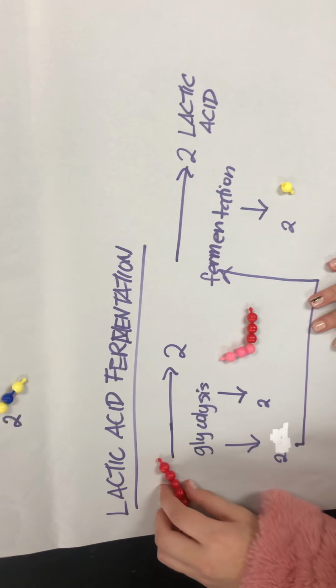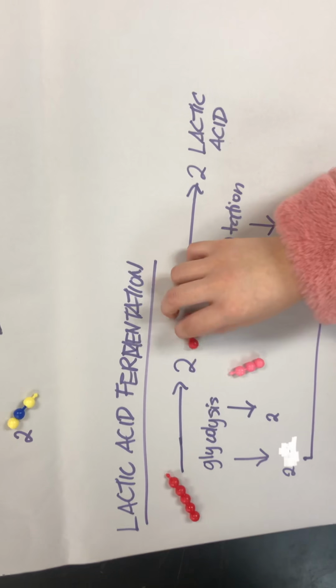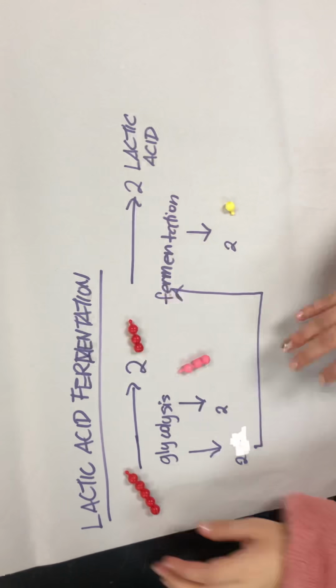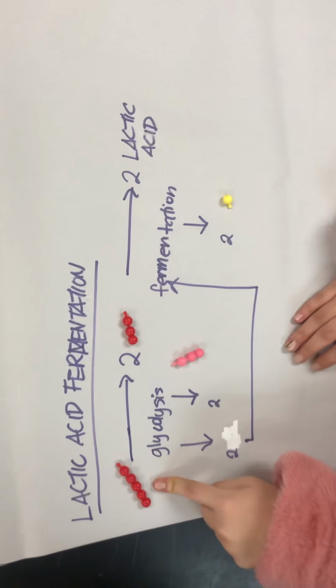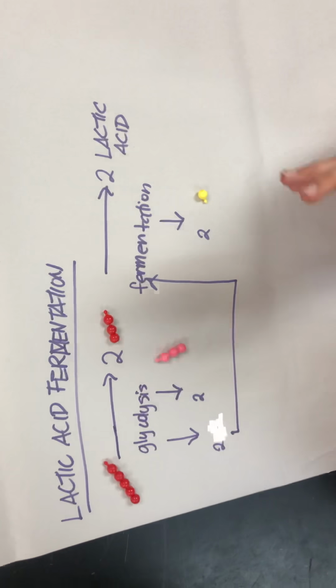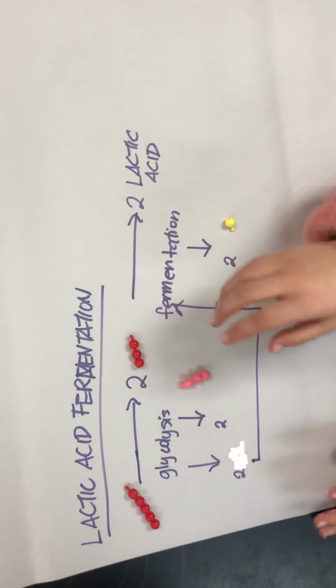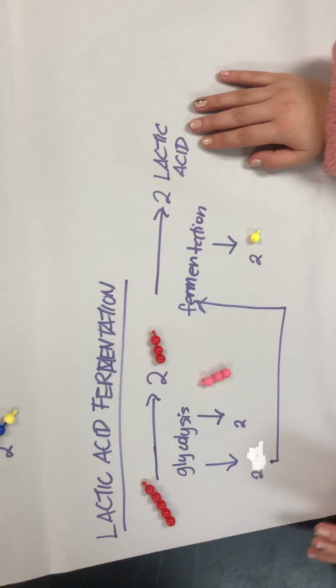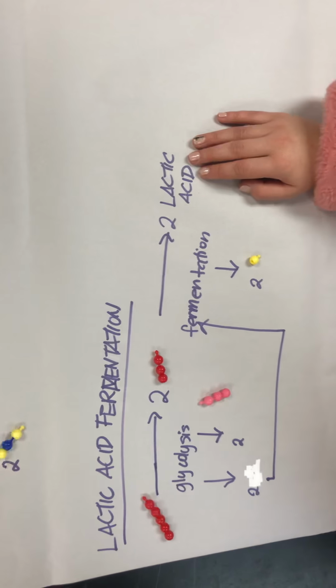And then for lactic acid fermentation, once again you start with 1 glucose that breaks down into 2 pyruvate, which then produces 2 lactic acid from fermentation.